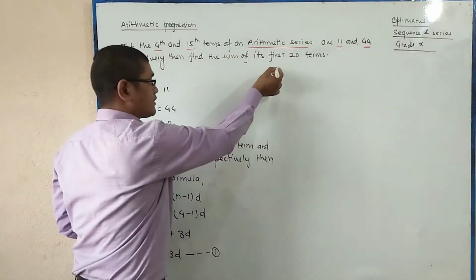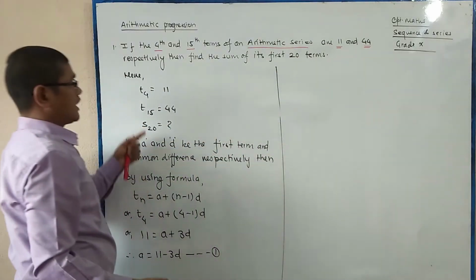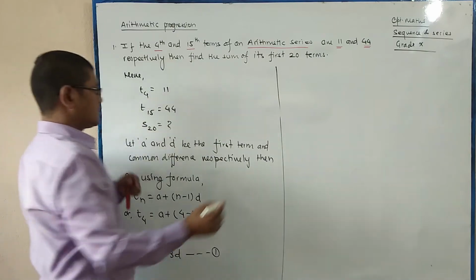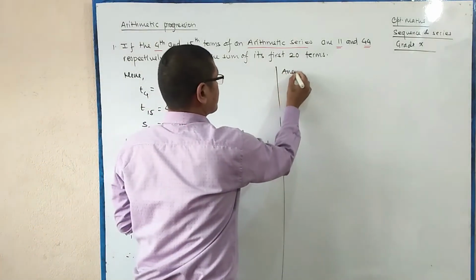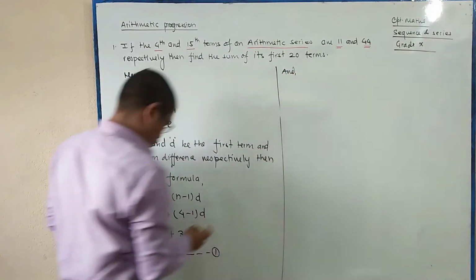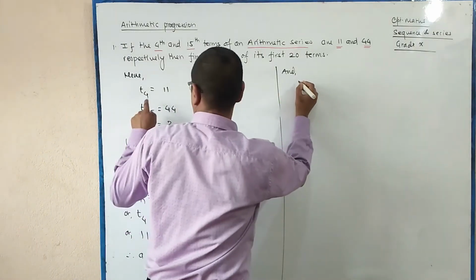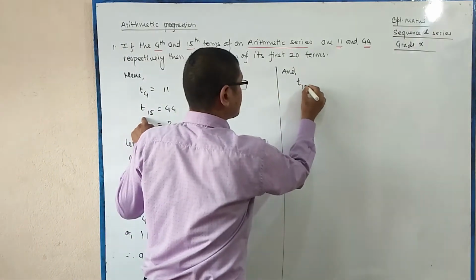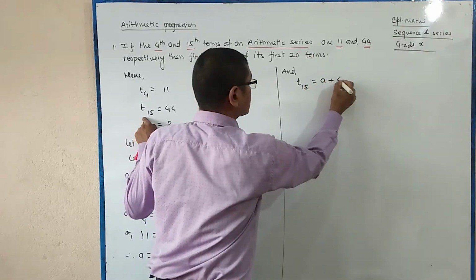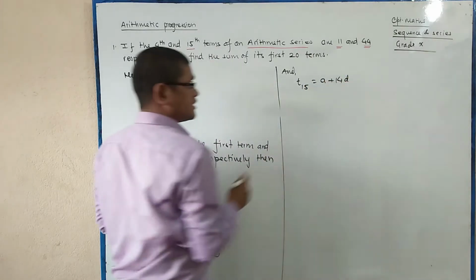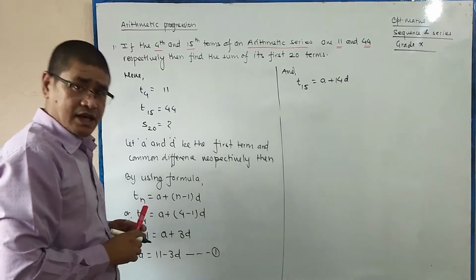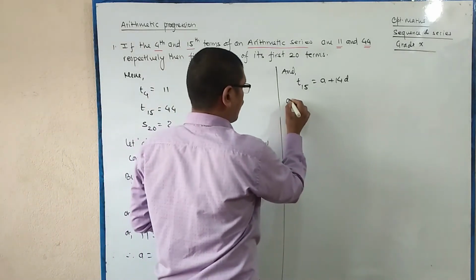Now after this, let's try the next equation. Since we have used the formula once, here we can directly do it for 15: T15 equals a plus 14d.